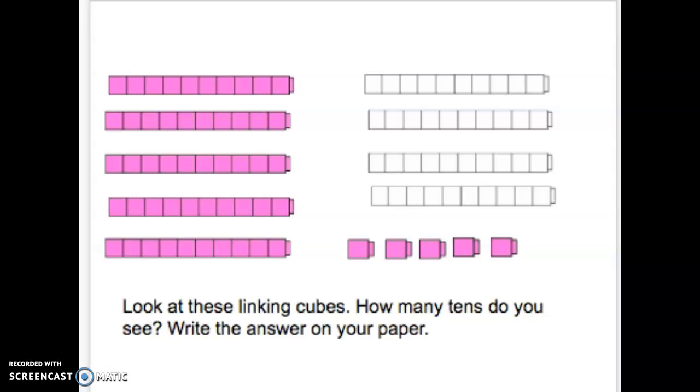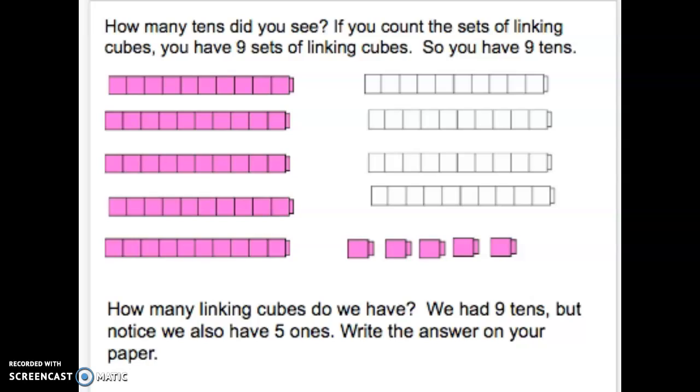Look at these Lincoln cubes. How many tens do you see? Write the answer on your paper. How many tens did you see? If you count the sets of Lincoln cubes, you have 9 sets of Lincoln cubes. 1, 2, 3, 4, 5, 6, 7, 8, 9.